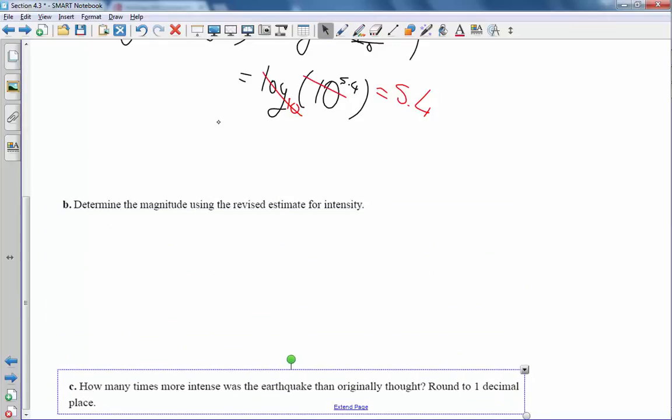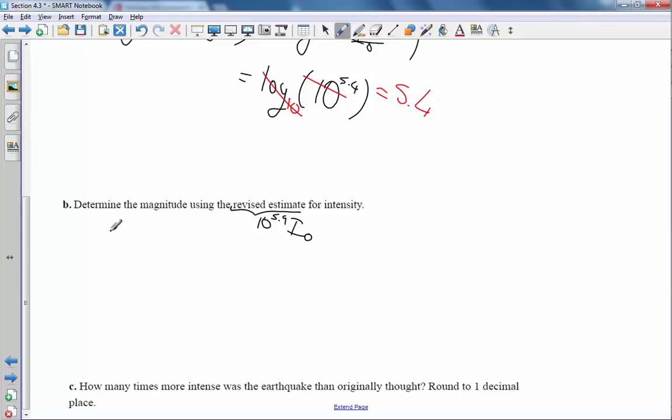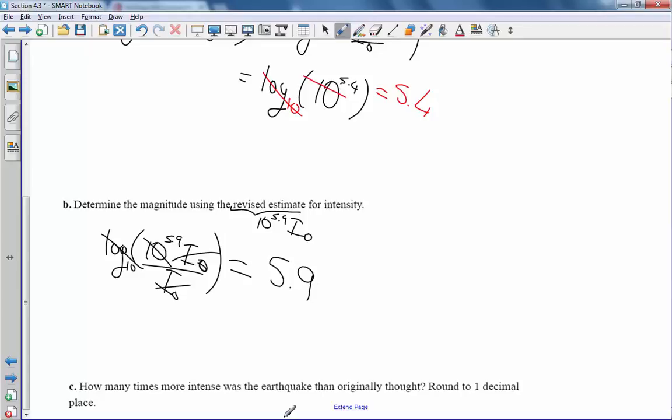We repeat the same procedure for the revised estimate, 10 to the 5.9 times I sub 0. All you need to do is put this into a logarithm. They will cancel, log base 10 and exponential base 10, and the answer is 5.9.